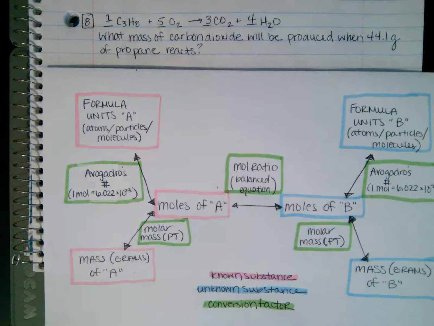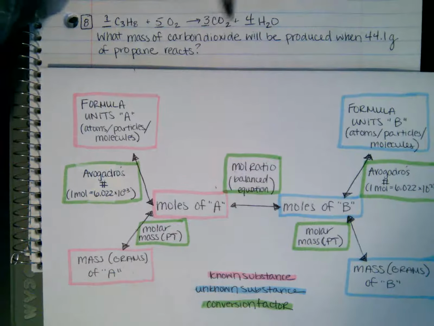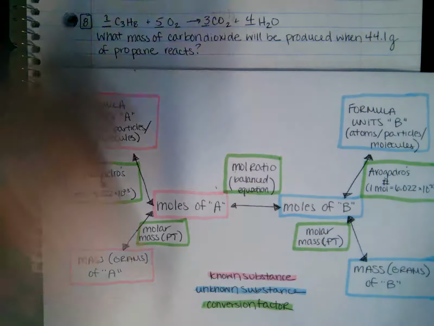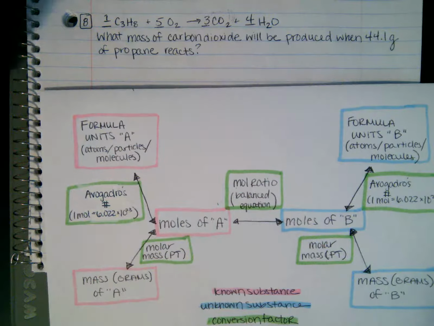This question reads, what mass of carbon dioxide, so we want to know information about carbon dioxide, will be produced when 44.1 grams of propane react. So we're taking 44.1 grams of propane. That's the same number that we had in number 7.